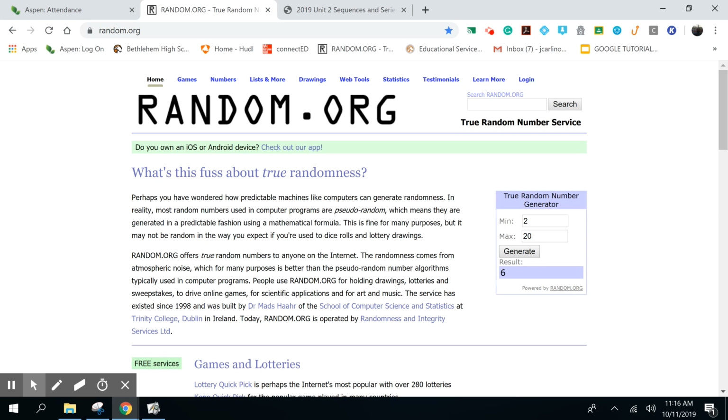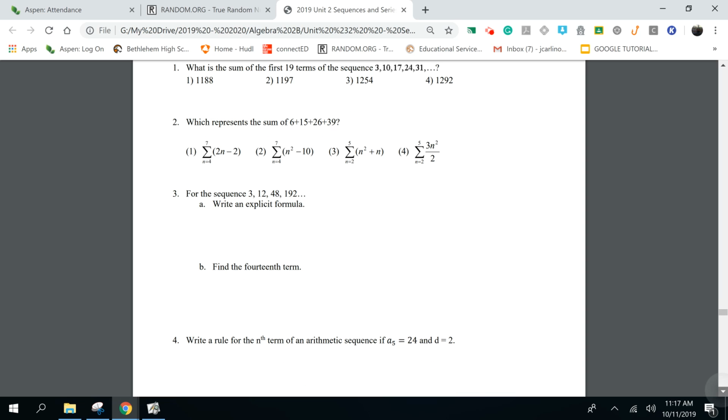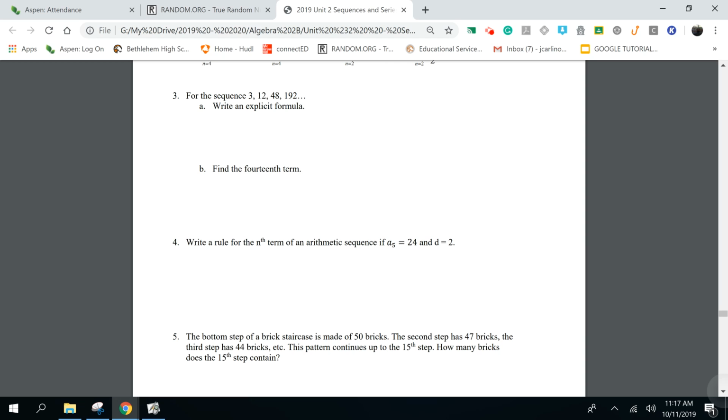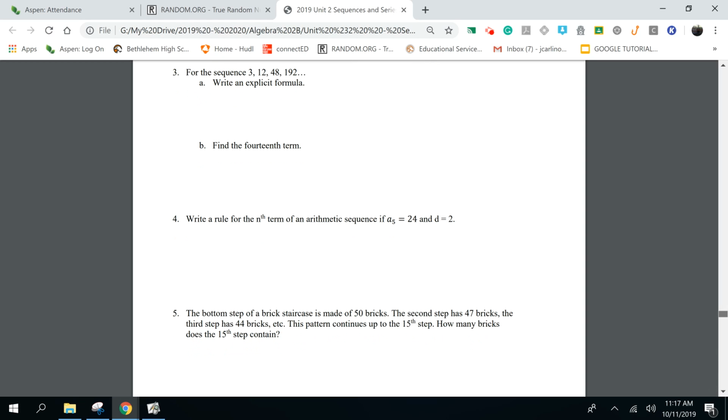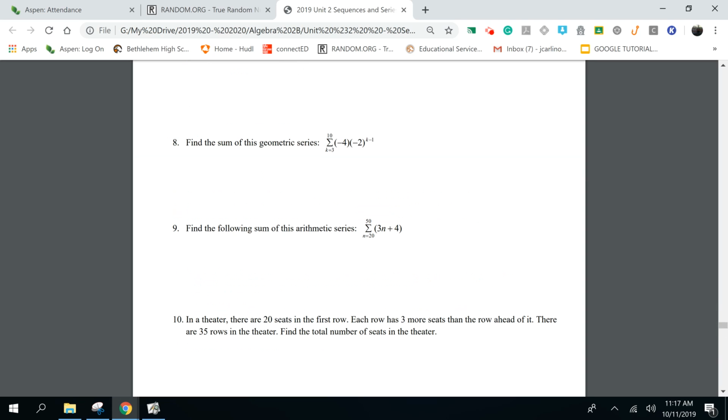Number 6. Okay, number 10 it is. There are 35 rows.